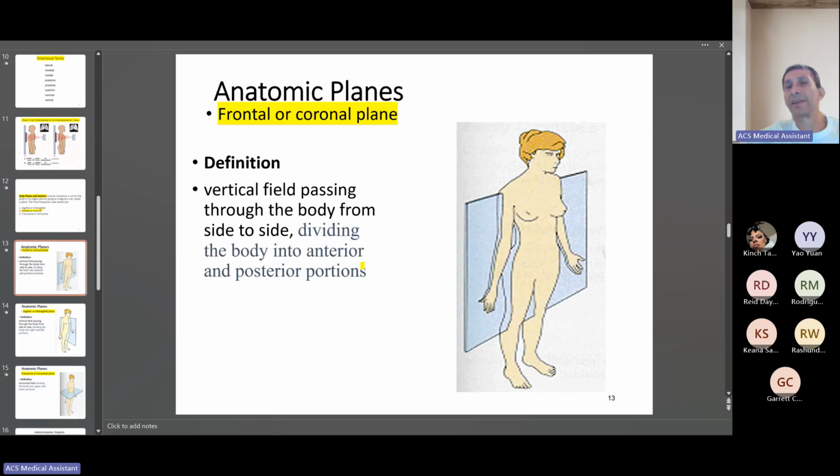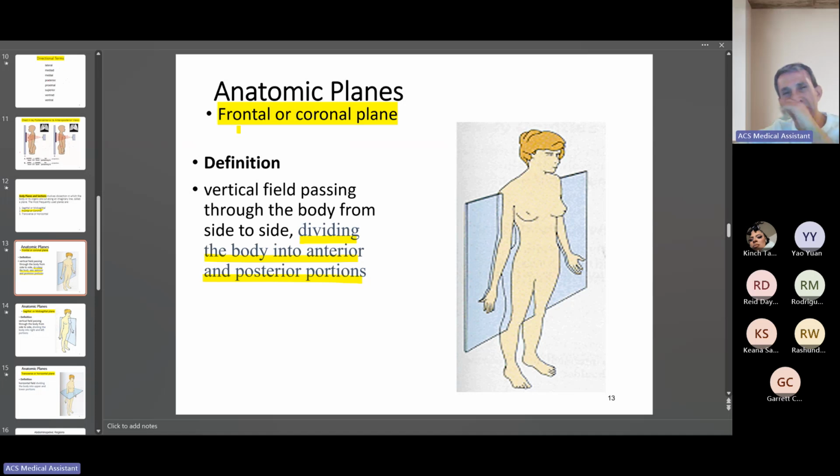We're going to see that. Here we see it. Once again, this is an imaginary line that divides the body, right here, into anterior and posterior parts. So as soon as I see anterior, front, and back, I know that this is the frontal.